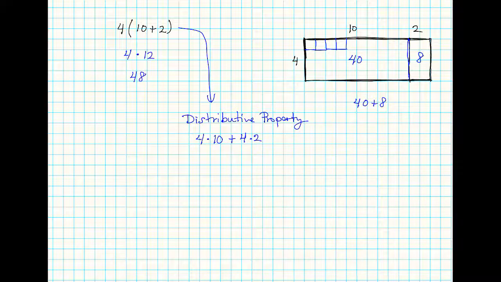It's called the distributive property because you're distributing that multiplication by 4 across the sum. The picture shows why it makes sense that you should be able to distribute that multiplication across a sum. And so this is 40 plus 8, which is 48.